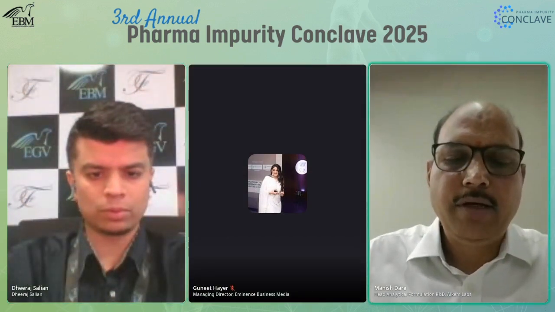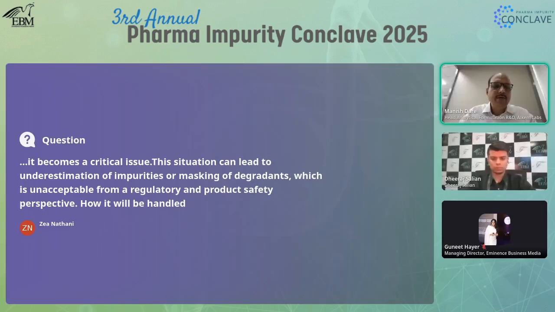So you see, first we have to identify whether this closely eluting peak is a known impurity or an unknown impurity. So there are two cases. Then we have to separate them, and what would be the limit or what percentage is coming during the stability, that is also very important.